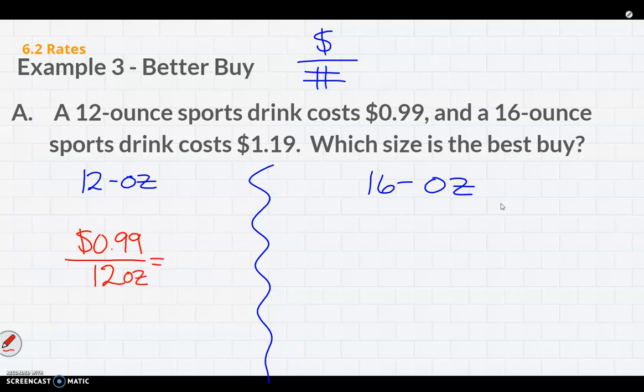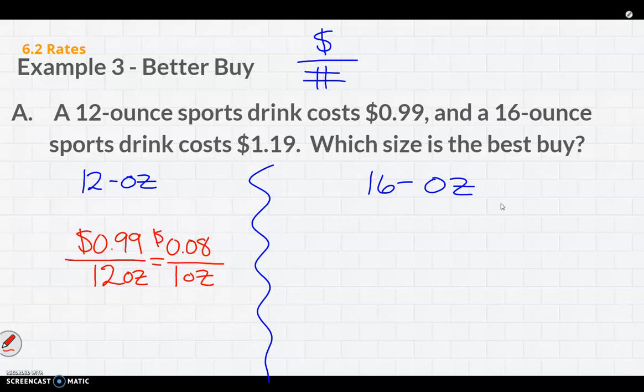And I'm going to divide it by the quantity, or in this case, the number of ounces, which is 12 ounces. Okay, and a calculator would be handy at this point. We're going to take 99 cents and divide it by 12. I find that it is going to cost about, let's see, this is in dollars, about 8 cents per 1 ounce. Okay, which isn't bad.